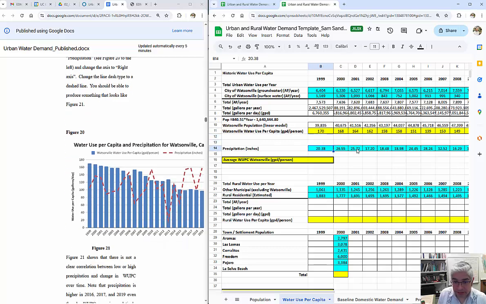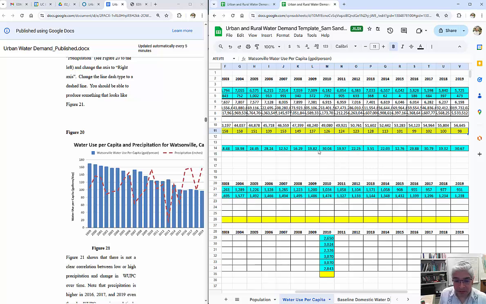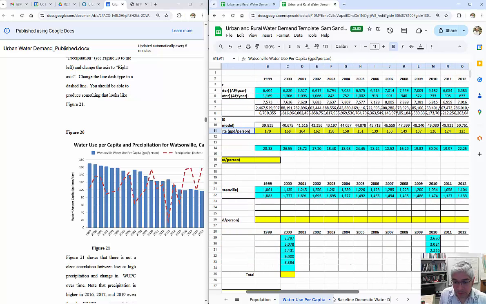Something that we're going to plot is this precipitation versus the water use per capita, to see if there is any correlation between high wet years and precipitation. So I'm just going to plot only the water use per capita first.